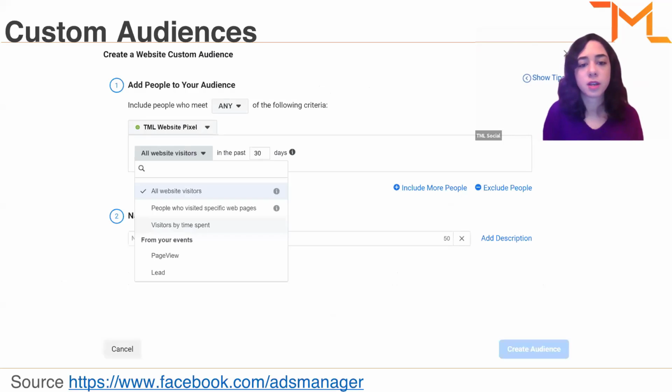And creating custom audiences is so easy and it has so many useful options. And so we can target everybody who just visited the website in the past 30 days, which, depending on the ads you're running, could be a lot of people, and that is not very targeted. And so it's not really taking advantage of all of the things that Facebook Pixel has to offer.